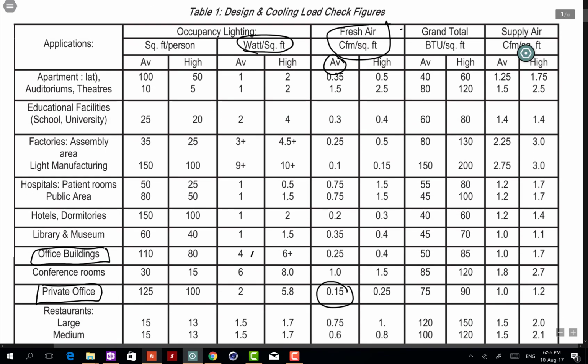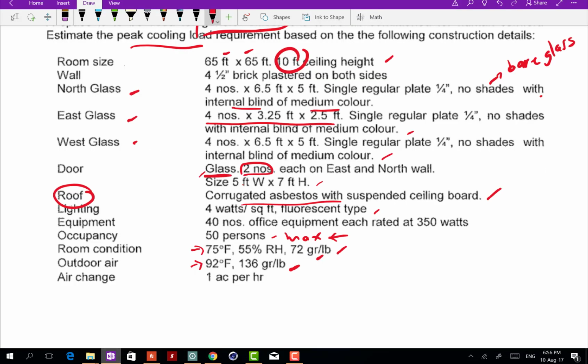Okay, so for office building the value should be 4, right? However, we also need to consider the value given in the question. So here lighting is already stated 4 watt per square feet, meaning that we need to use this value. So coincidentally it is same with the value from the table. If you have this case, you need to prefer to use the value from the question. Okay, no need to use table if the value from the question is already stated. So we use 4 watt per square feet.